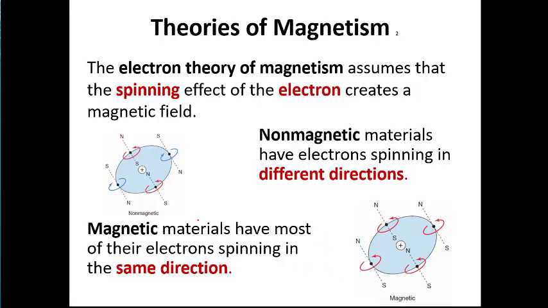Some materials, depending on how many electrons they have in their outer orbital, have too many and they'll cancel out. If you have just the right number of electrons in your outer orbital, and those can be influenced by a magnetic field and become all lined up, then that material becomes magnetic.